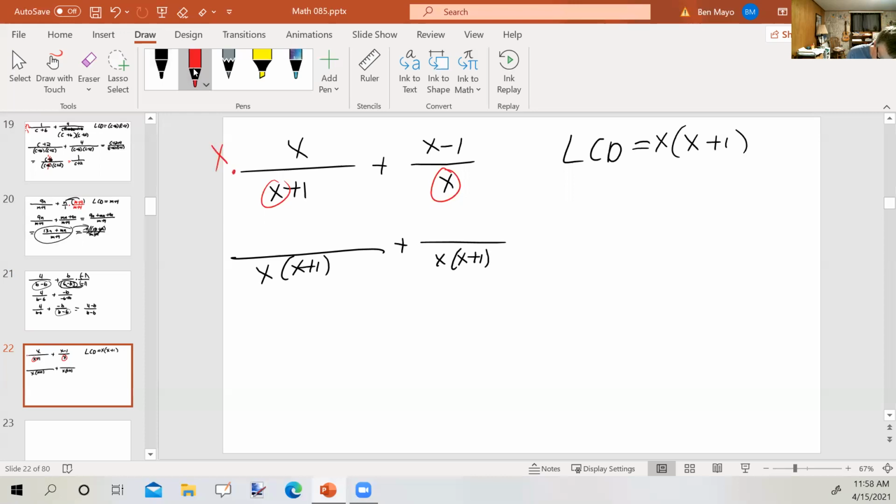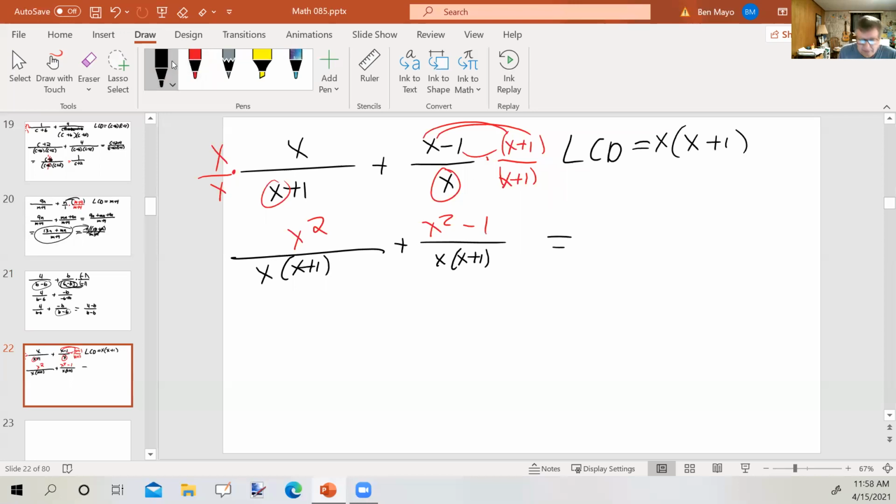Over here, I need an x over an x, so the new numerator is x squared. Over here, I need an x plus 1 and an x plus 1. The new numerator is going to be what? x squared minus 1. That's that difference of two squares.